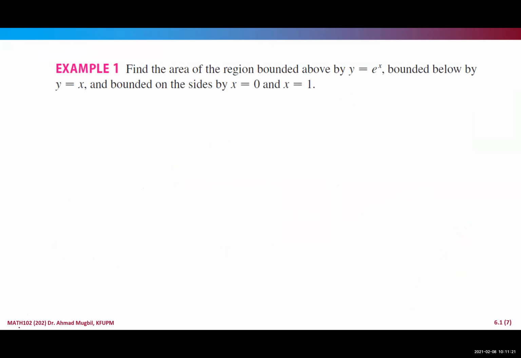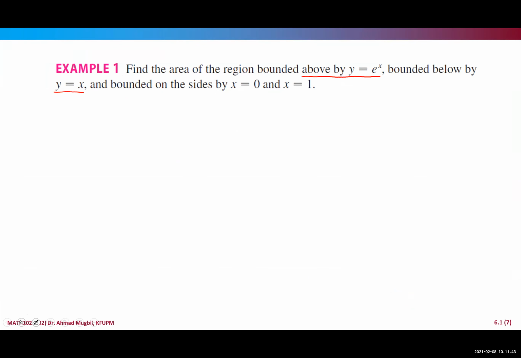Let's take an example, and this is a straightforward example. Find the area of the region bounded above by this curve, so he mentioned for you what the upper curve is, and bounded below by this curve, so you know what the lower curve is, and bounded on the sides from the right and the left by two vertical lines, x equals 0 and x equals b.